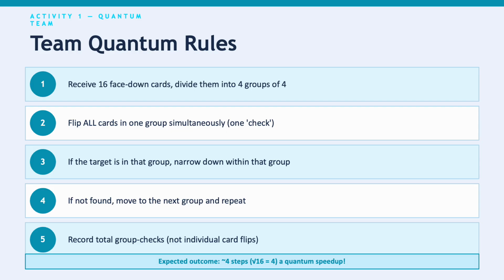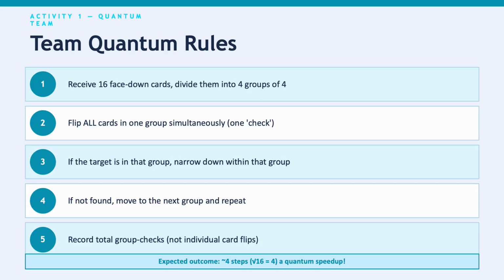If the target is in that group, you then narrow down within the group. If the target is not in that group, you move to the next group and reveal all four cards there. Technically, that's your next step. You continue this process one group at a time until you find the group containing the target.